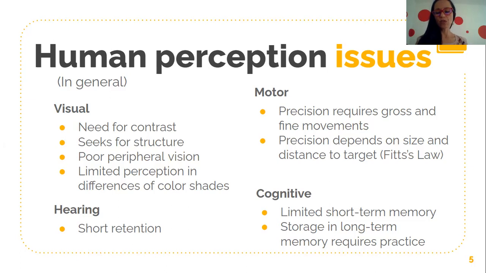So if we want to store things in our long-term memory, which means to memorize things, normally it will take time and practice. So those are, let's say, two issues or limitations that we need to take into account regarding the cognitive aspect.